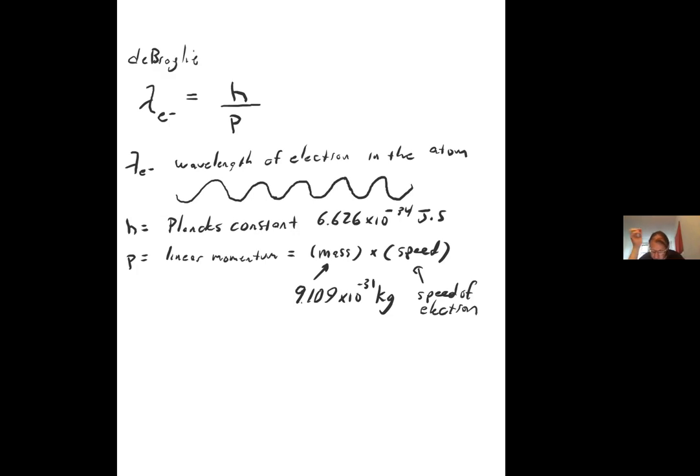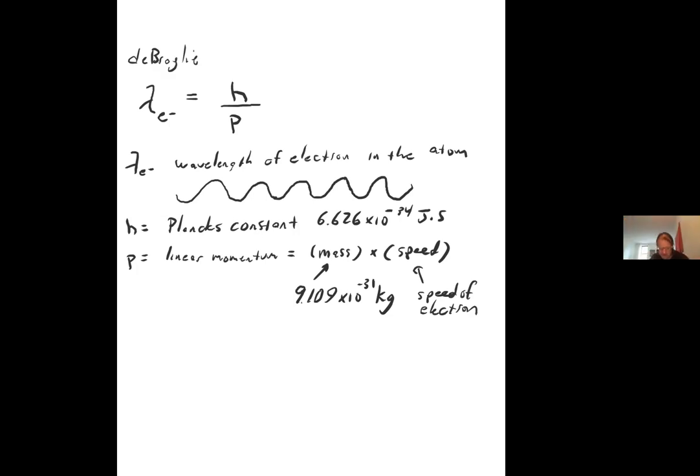If we were talking about a proton, we would use the mass of a proton. If we were talking about a neutron, we would use the mass of a neutron. But most of the time, as chemists, we're interested in electrons. The electrons are the important particle in chemistry. So for that reason, we just use the mass of the electron. We're talking about the wave-like properties of the electron. In fact, even atoms have wave-like properties, particularly the smaller atoms, but we're not going to worry ourselves with that.